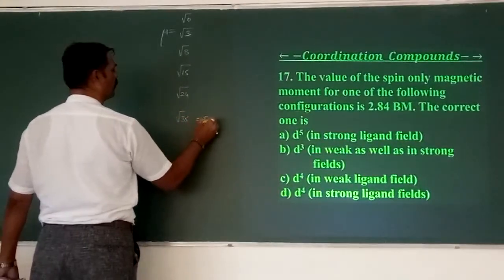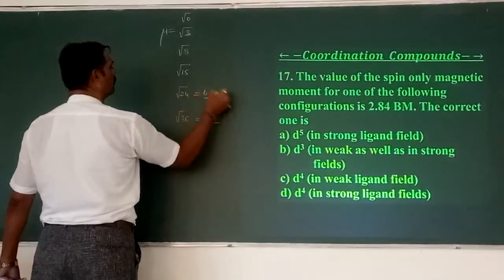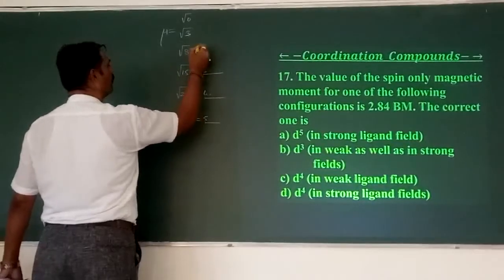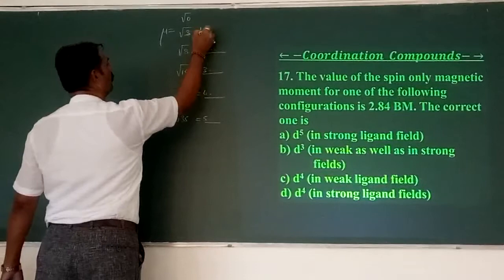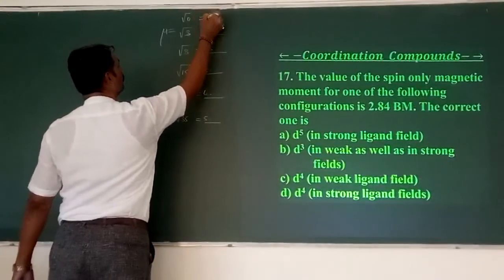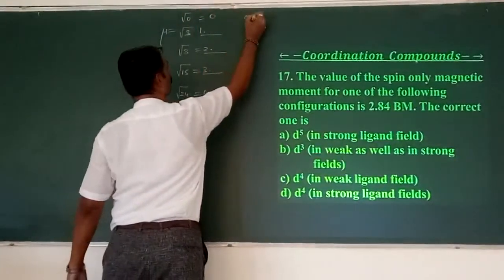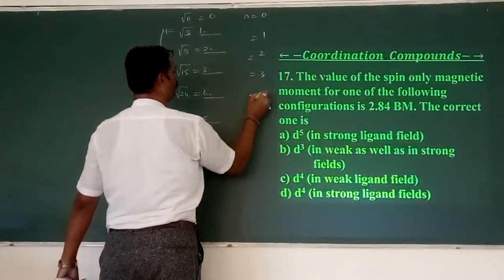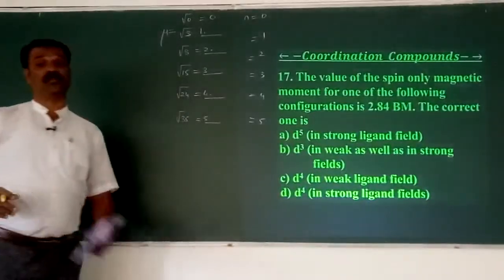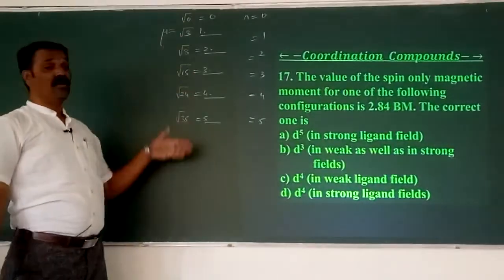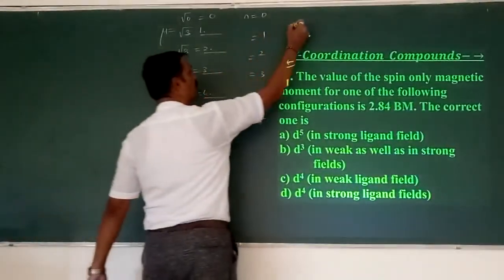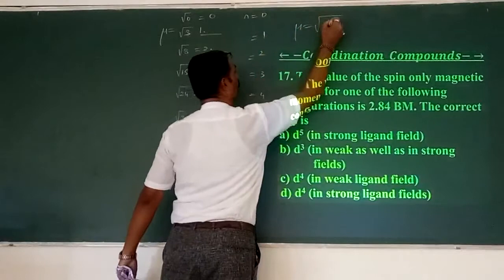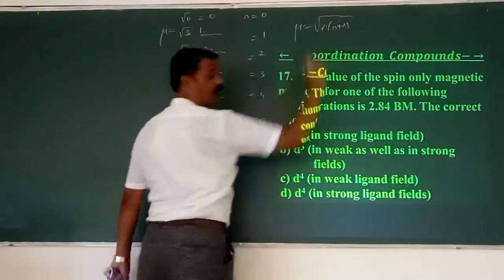That is equal to 0, 1.73, 2.84, 3.87, 4.90, 5.92, depending upon n is equal to 0, 1, 2, 3, 4, 5. You have to remember first those values, because this is obtained by the formula, root of n into n plus 2.